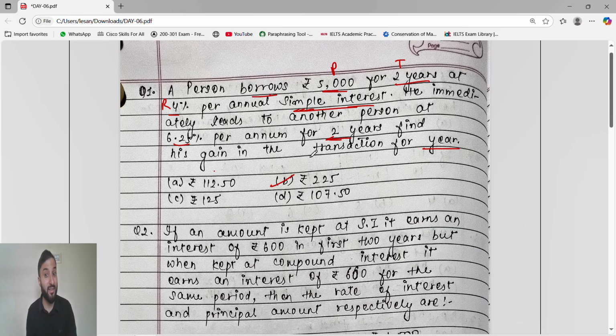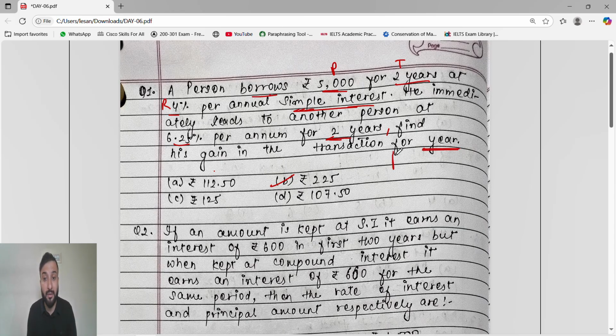No. Read the question, very important. Here they didn't say find his gain in the transaction, or find his gain in the whole transaction. They didn't mention this. What they said is find his gain in the transaction for year.